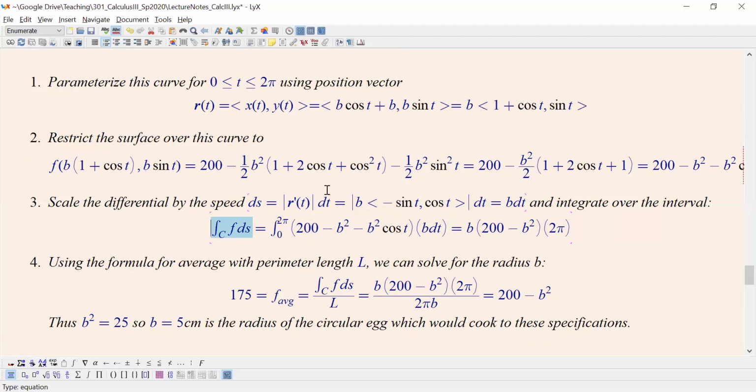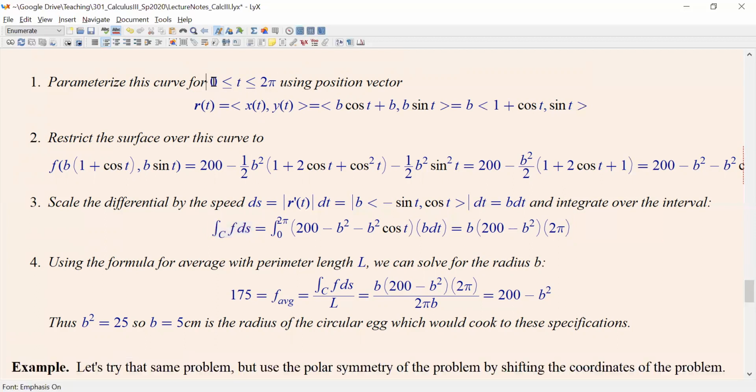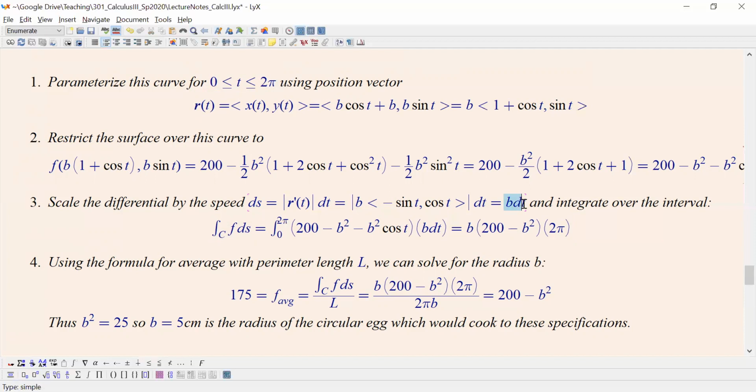So quick check. I have my 3 pieces. My r of t defines my interval. So I'm going from 0 to 2 pi. Then it implicitly defines my speed, which I calculated here, b times dt. So that shows up over here.